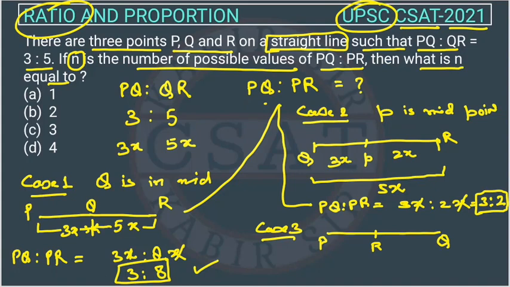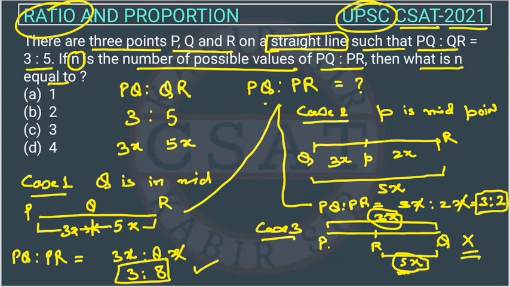So they have given PQ is 3x, and QR is 5x, right? This is not possible because from here to here the distance is 3x, so RQ will be less than 3x. But it is given 5x. So this case is not possible, right?